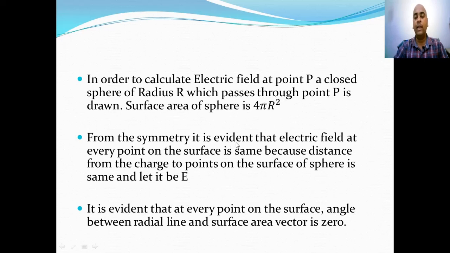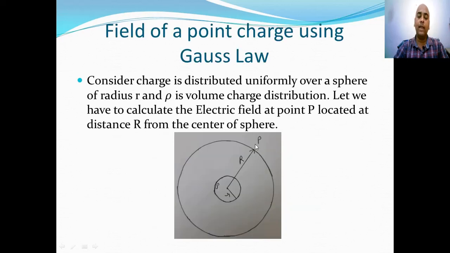From the symmetry, it is evident that the electrical field at every point on the surface is the same, because the distance from the charge to a point on the surface of the sphere is the same, and let it be E. That is, we are assuming that the electrical field at point P is E, and we have to find it.